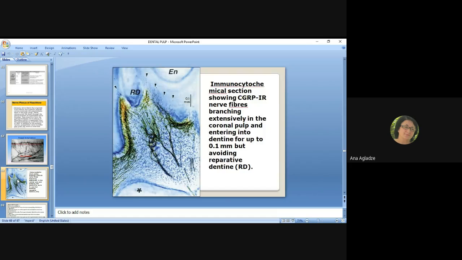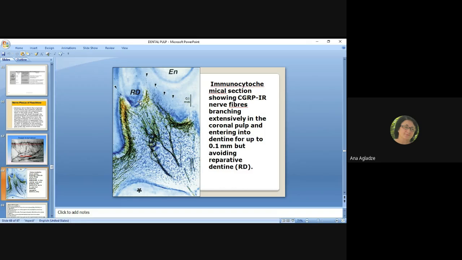And here you can see this is an immunocytochemical section, which shows the calcitonin gene-related peptide receptor, and you can see this is special staining for this growth factor, and fibers you can see branching extensively in the coronal pulp and entering into dentin for up to 1 millimeter, but avoiding reparative dentin.